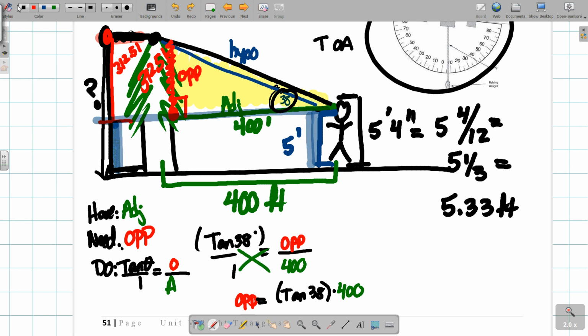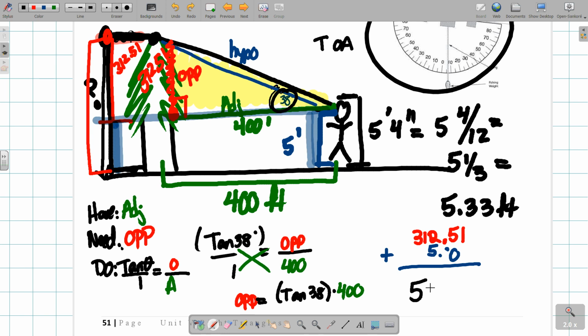Notice that our complete unknown is going to be 312.51 plus we have to add, because we took our measurement, 5 feet off the ground. So the total height of the tree is 517.51 feet.